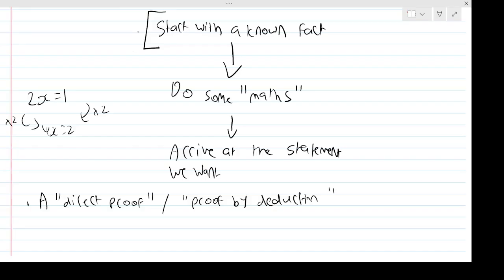We might split into different cases, consider some examples, and make some assumptions, and so we do some extra steps. However, with a deductive proof or a direct proof, we literally start from the fact and then go on from there.